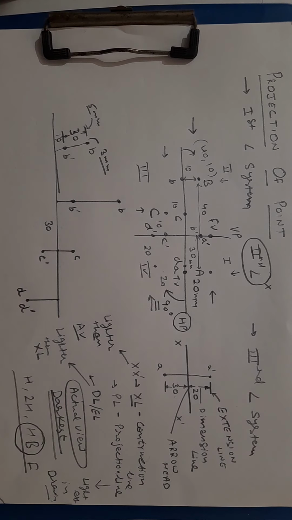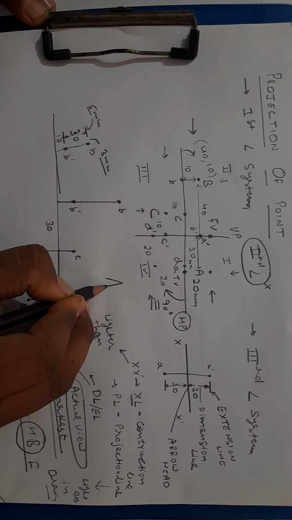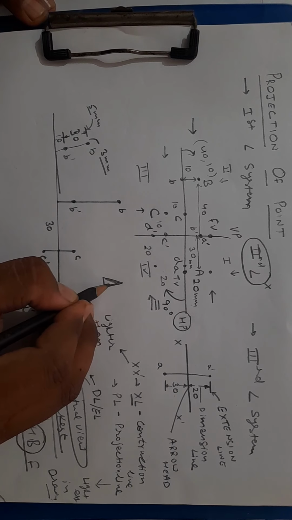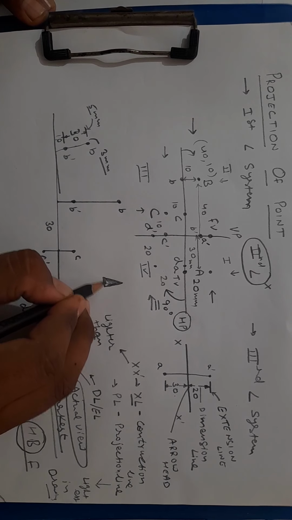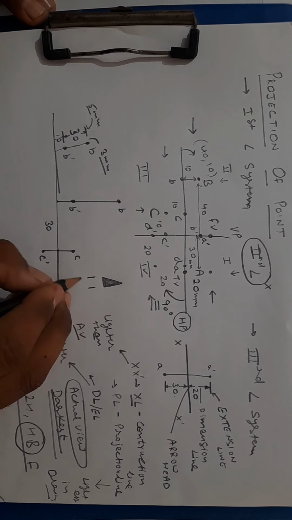Now one thing is left over here, the arrowhead. I'm just making a larger one. You need not make it this much larger. It will depend upon the dimension. But the arrowhead has a ratio. This is the width.